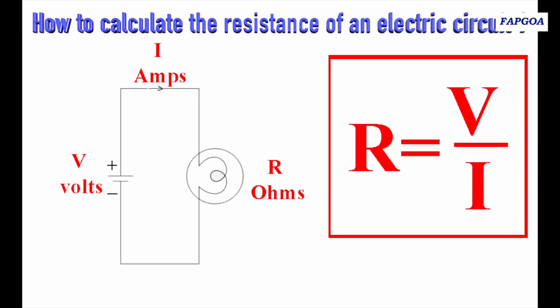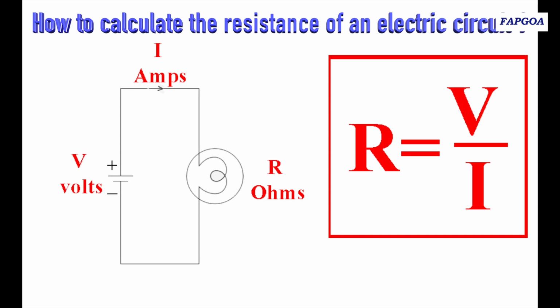How to calculate the resistance in an electric circuit? In a simple electric circuit shown, a voltage of V volts is applied to a lamp of resistance R ohms. This results in a current of I amperes flowing through the circuit. Now here, apart from electrical resistance, you come across two more electrical quantities.